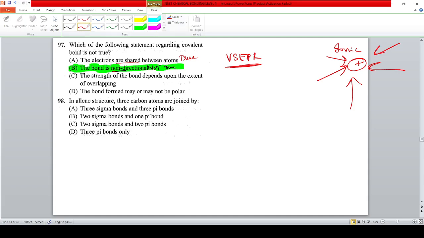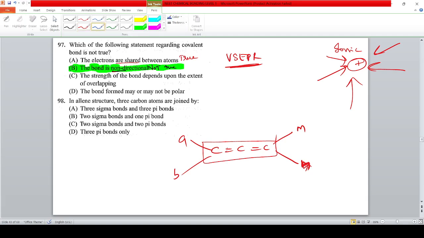Question number 98. In allene structure, the 3 carbon atoms are joined by C double bond C, and these 2 will be above and below the plane. A, B, C, D are some atoms, let it be. But these 3 carbons will be in a plane.